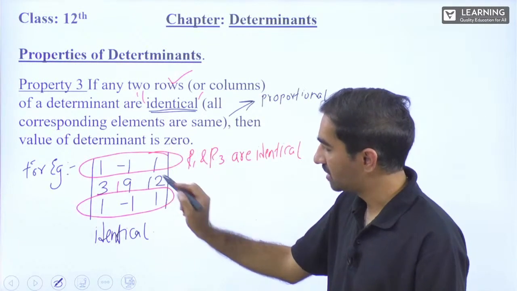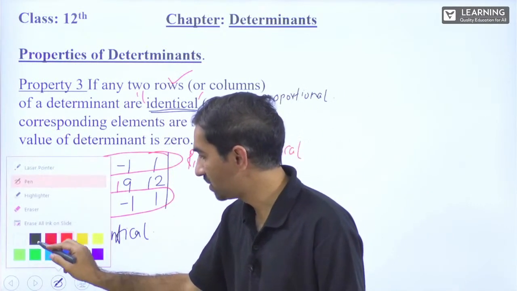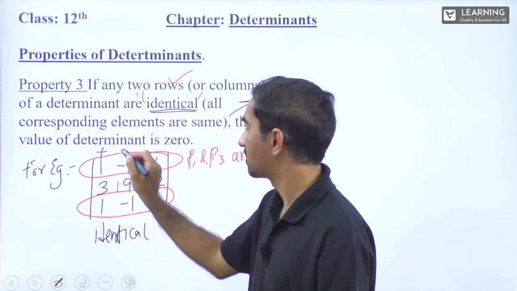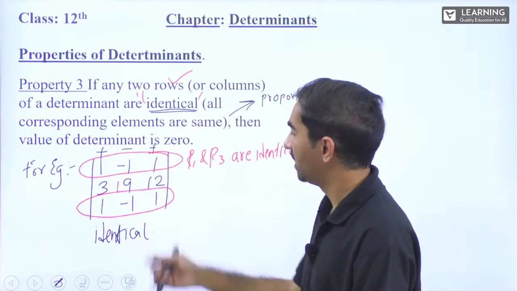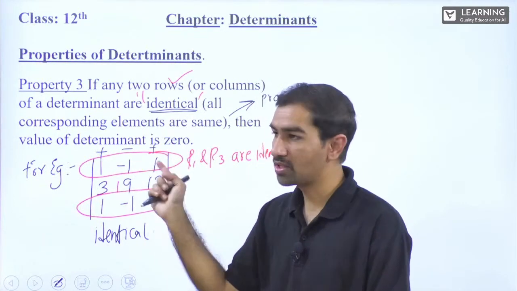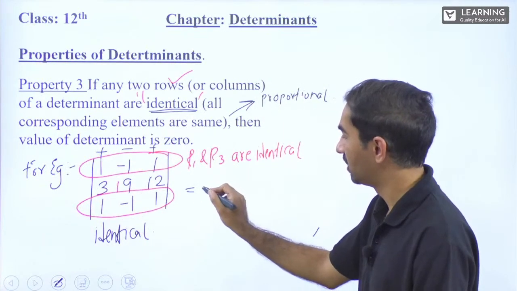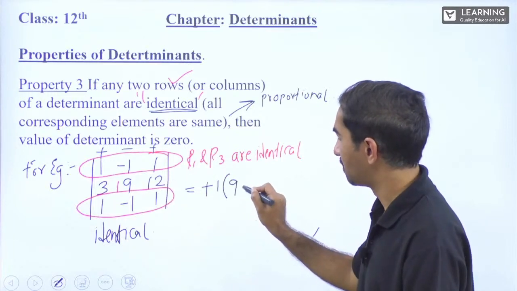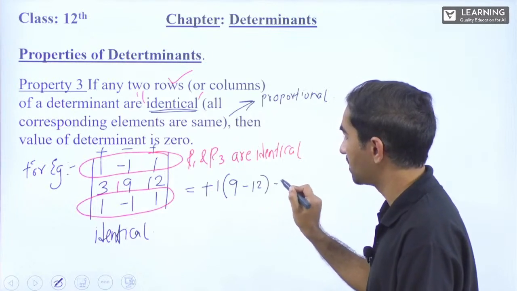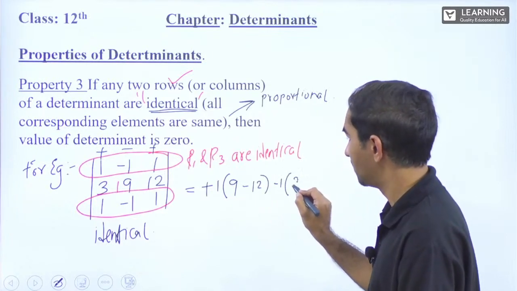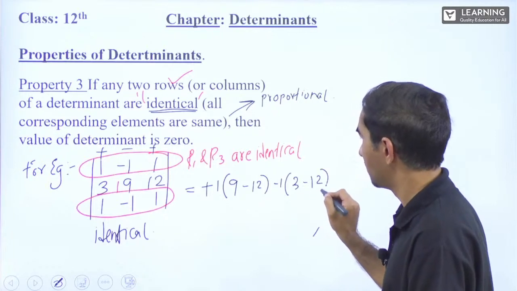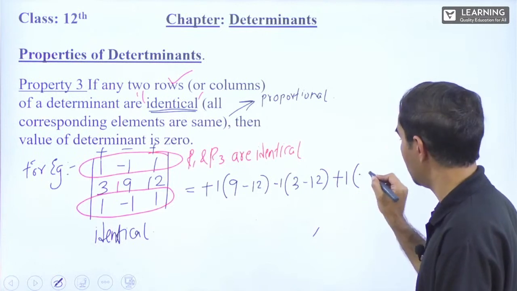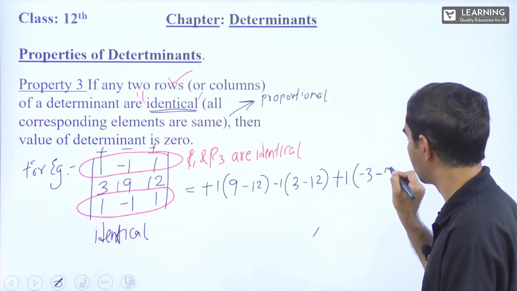So now let us take this determinant, evaluate this, we'll see what answer we are getting. Alright. So we'll take plus, minus and plus. We'll evaluate this determinant with respect to the first row, which will be equal to plus 1 of 9 minus 12, minus 1 of 3 minus 12 and plus 1 of minus 3 minus 9.